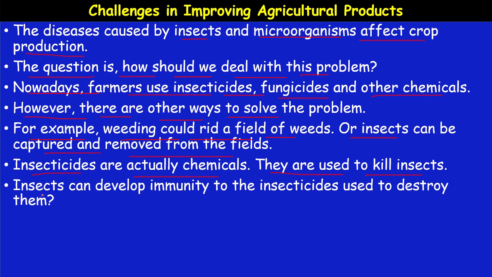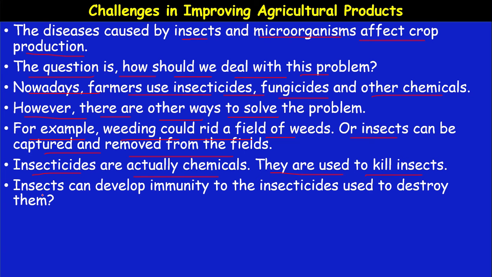But what happens when we use the insecticides and pesticides? They not only kill the useful insects, but also kill the farmers' friends, meaning the pollinating agents like honeybees and butterflies are also destroyed. Okay.